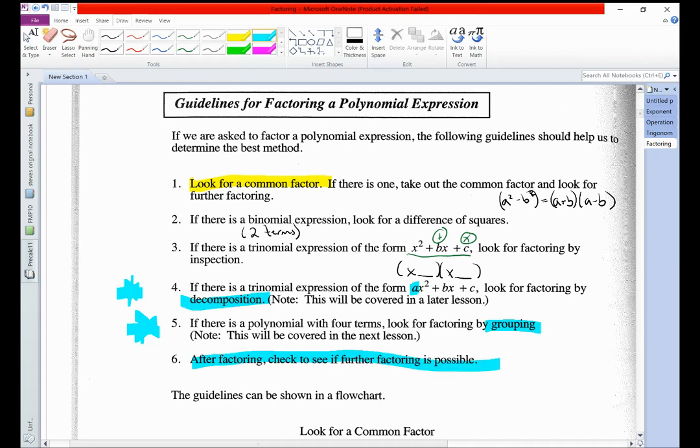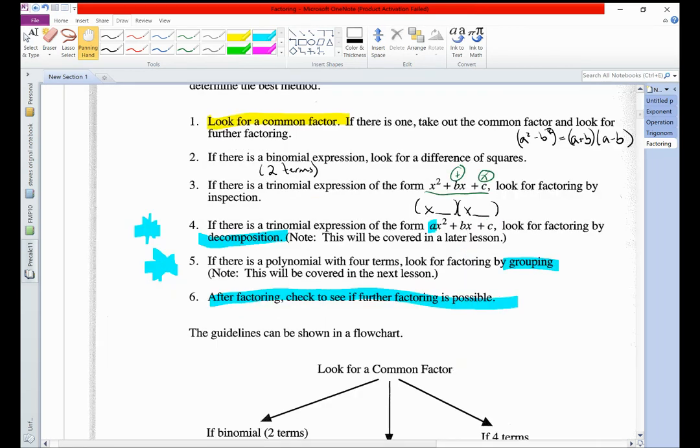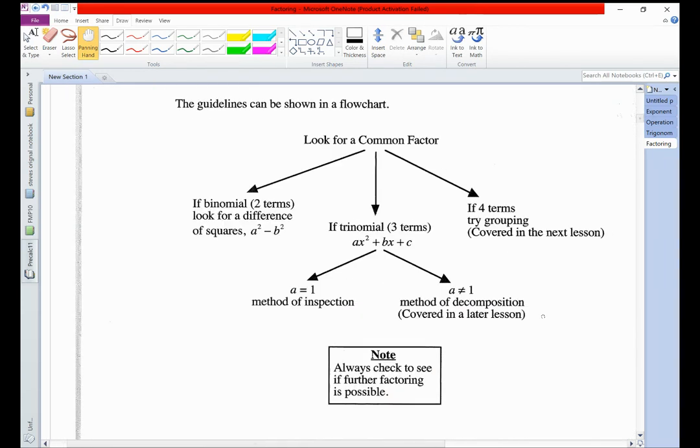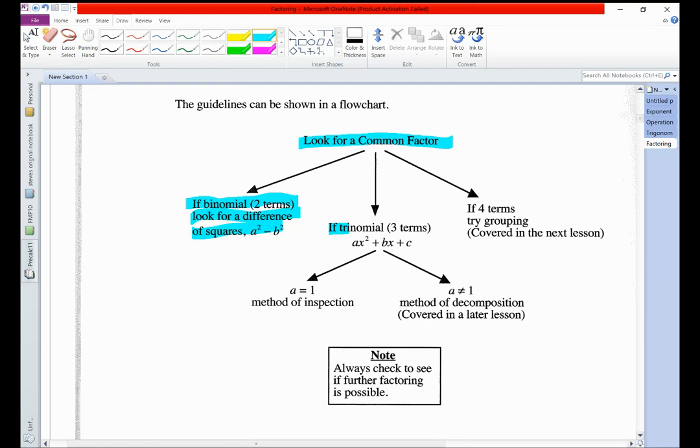There's a nice flow chart as well. So it starts here with look for a common factor. And then if binomial, look for a difference of squares. And if it's got 3 terms, then if a is 1, or if there's no constant in front of the x squared, you can use inspection.